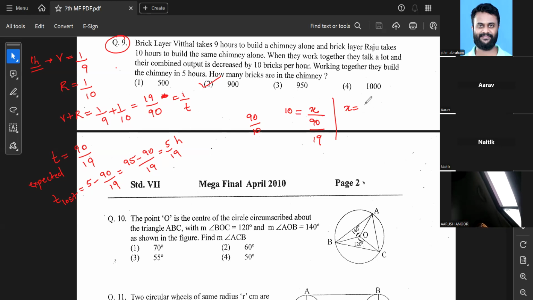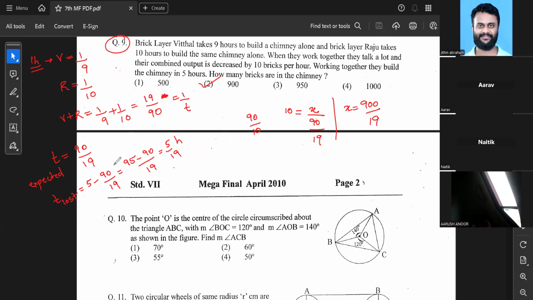So 900 by 19 is the total number of bricks lost. So total number of bricks lost. But where did the 19 go? Wait.